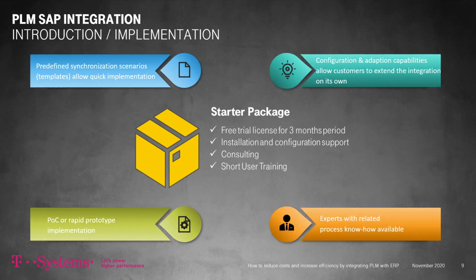One of them could be, for example, do not exchange price information out of SAP. So all of this is also easily possible by configuration, and you can control it by yourself. You need a short training from our side, of course, but you don't need a specialist or external services to do it by yourself. However, our experts will be happy to help you, and we support with our professional services.